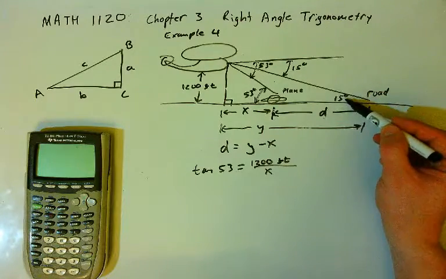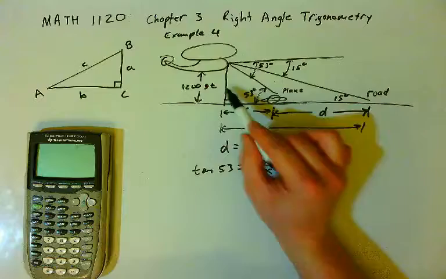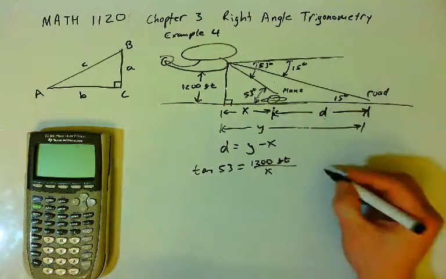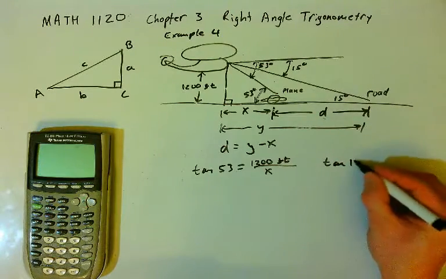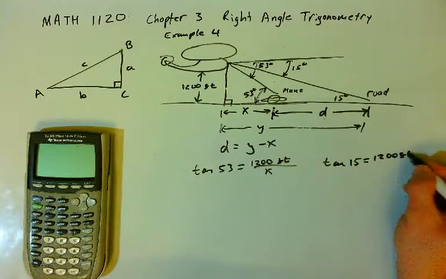We have this angle here, 15 degrees. We know the opposite side, 1,200 feet, and we're looking for the adjacent side, which is y. So the tangent of 15 degrees equals 1,200 feet divided by y.